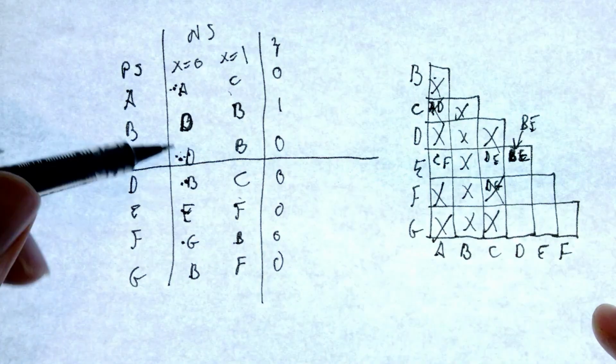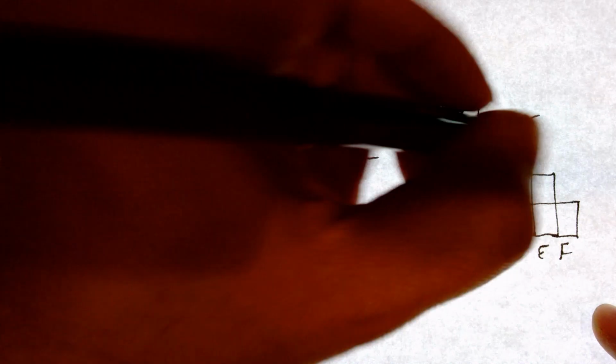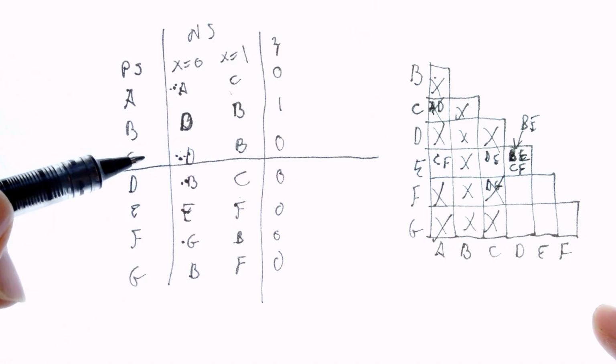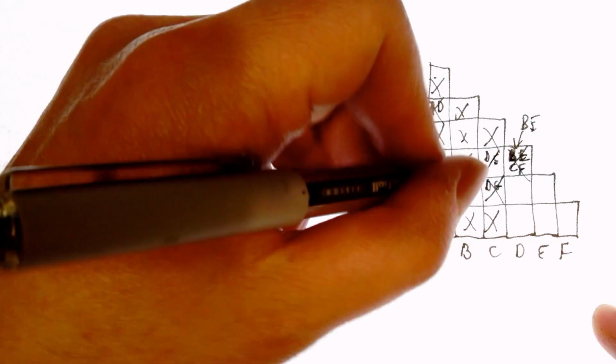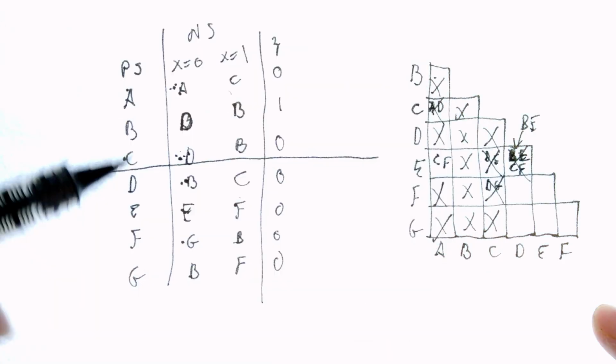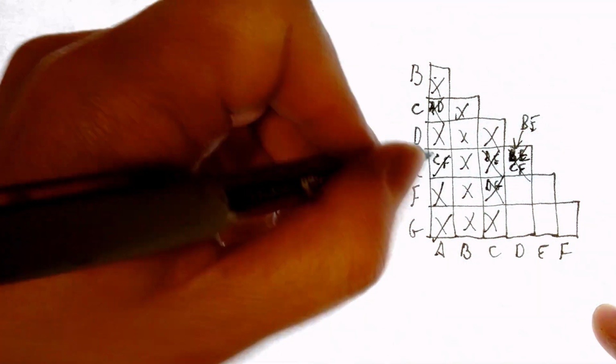And DE is CF. Well, CF we know is out, so that means DE is out, which means EC is out, which means AE is out.